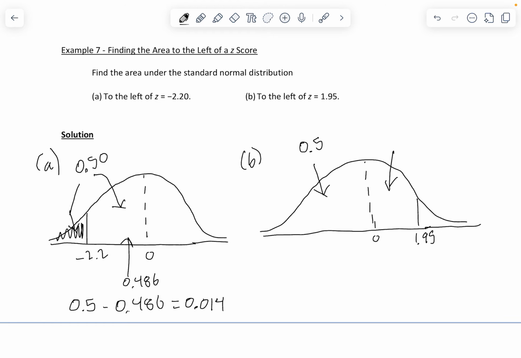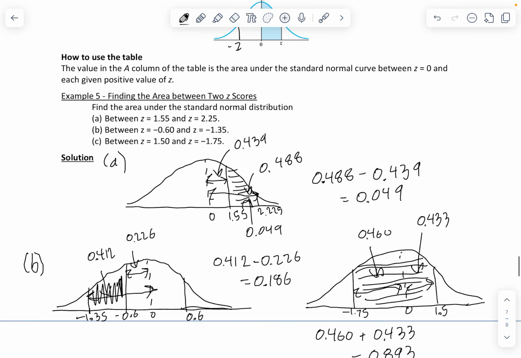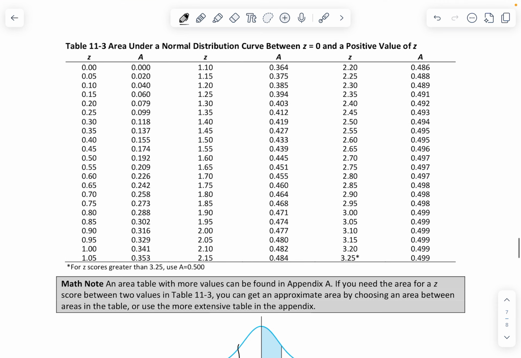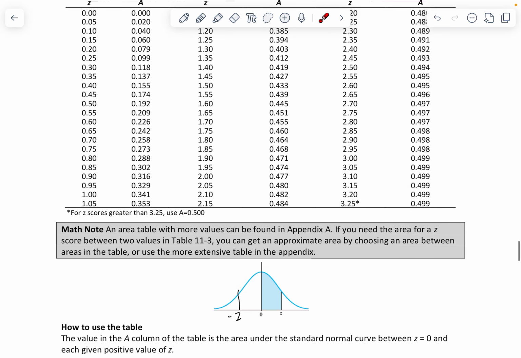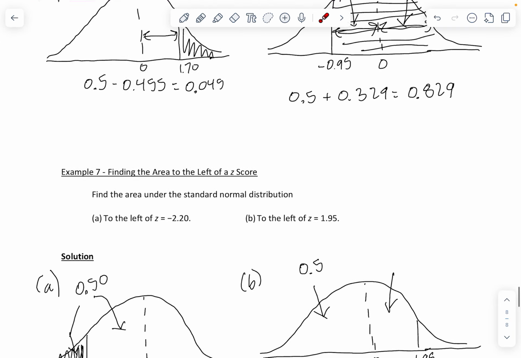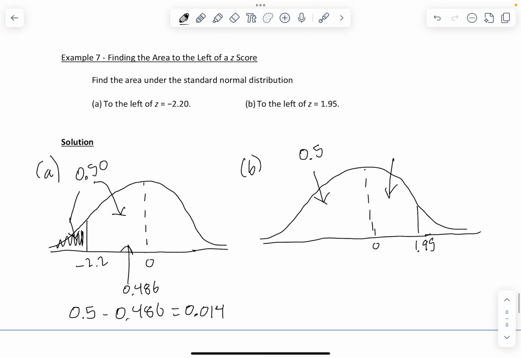My z-score is 1.95, so let's come back up to my table. 1.95 is right here. The corresponding area is 0.474.